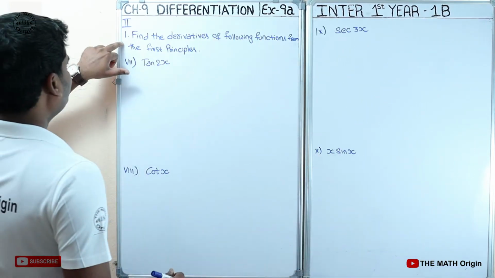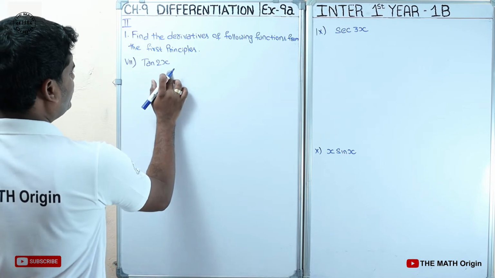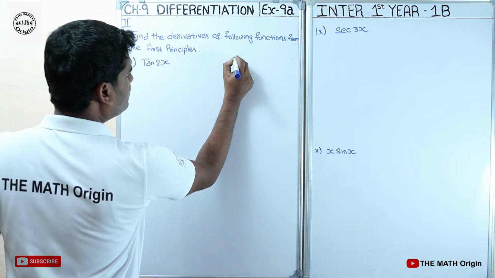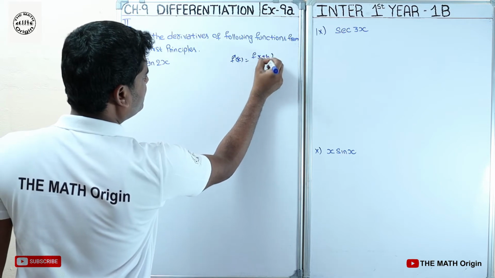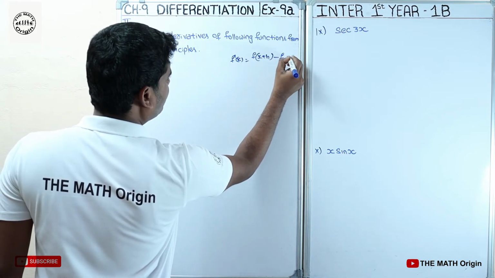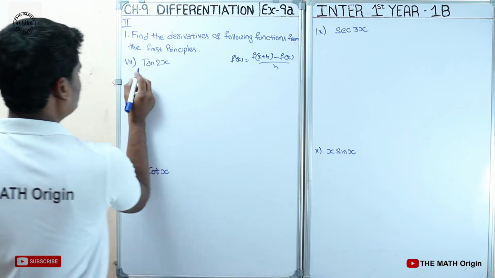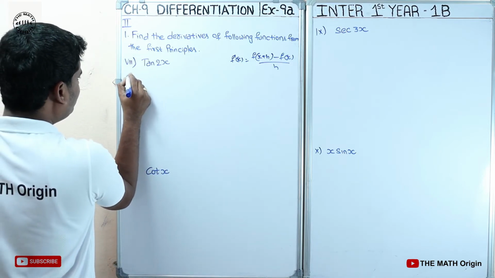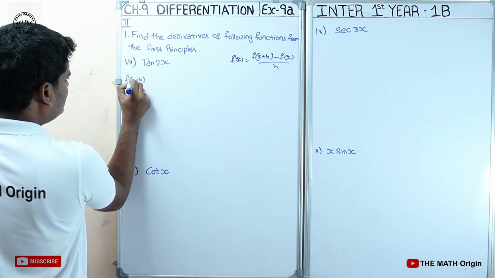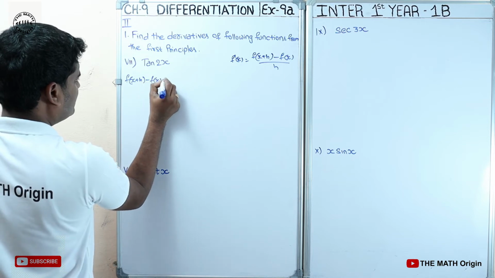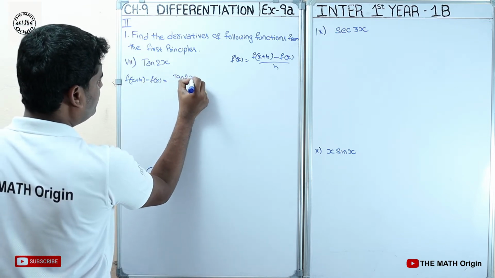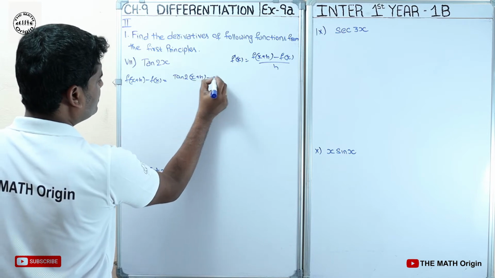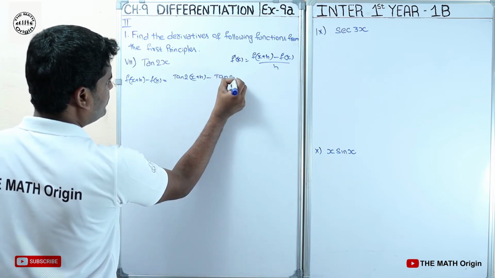Seventh bit, from the first question of the second section, tan 2x. We know for f dash x we have the first principle formula, f of x plus h minus f of x by h. So for this, f of x plus h minus f of x is equal to tan 2 into (x plus h) minus tan 2x.